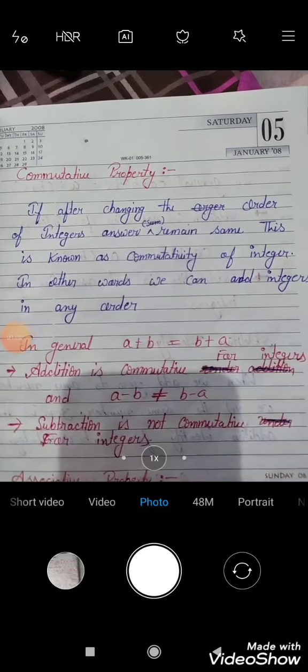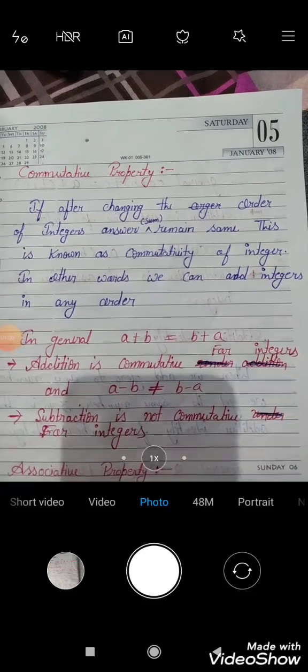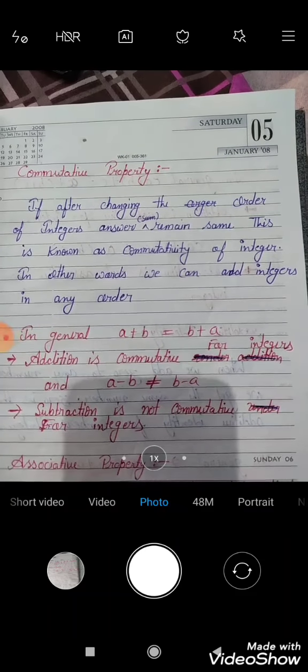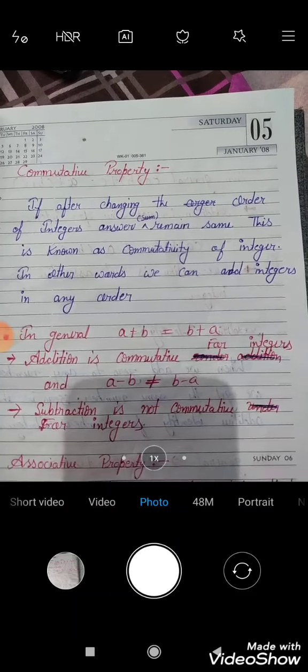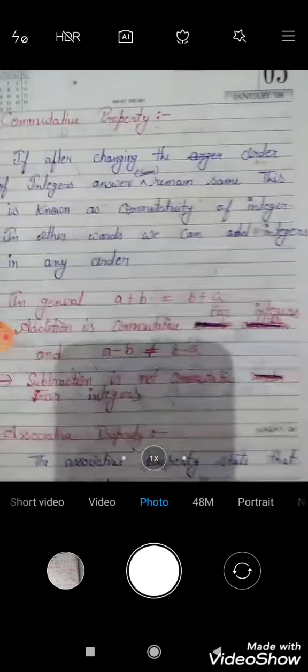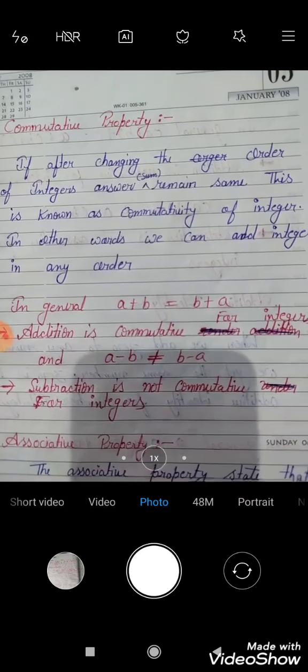The second property is the commutative property. If after changing the order of integers the sum remains the same, this is known as the commutativity of integers. In other words, we can add integers in any order. In general, if a and b are two integers, then a plus b is equal to b plus a.